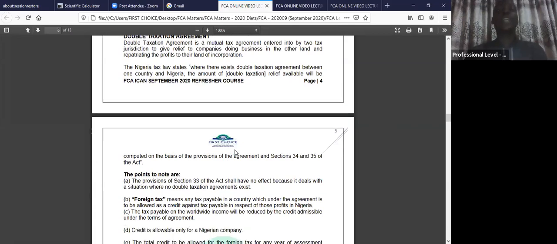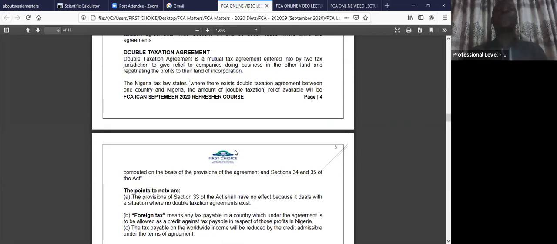Now, double taxation agreement. When a country or a businessman does business in a foreign country, he is going to be charged tax in that country. Let's say in South Africa, he's going to be charged tax there. So I'm using Glo as an example.